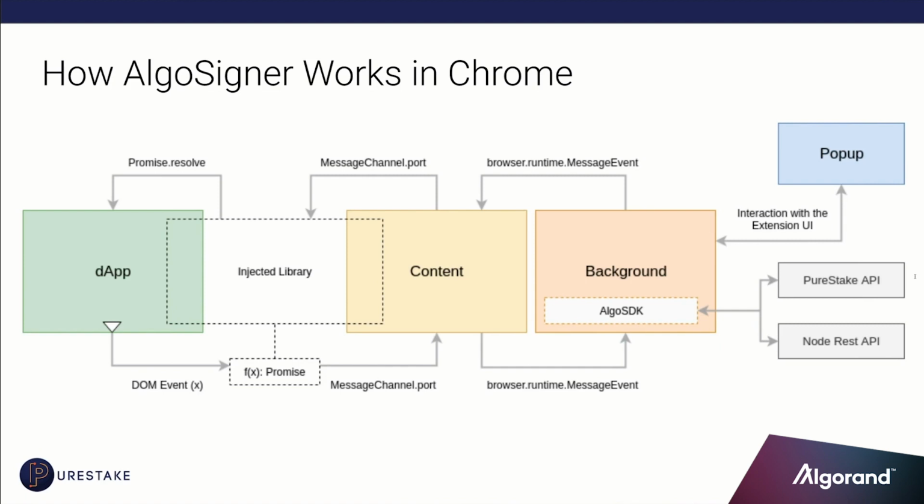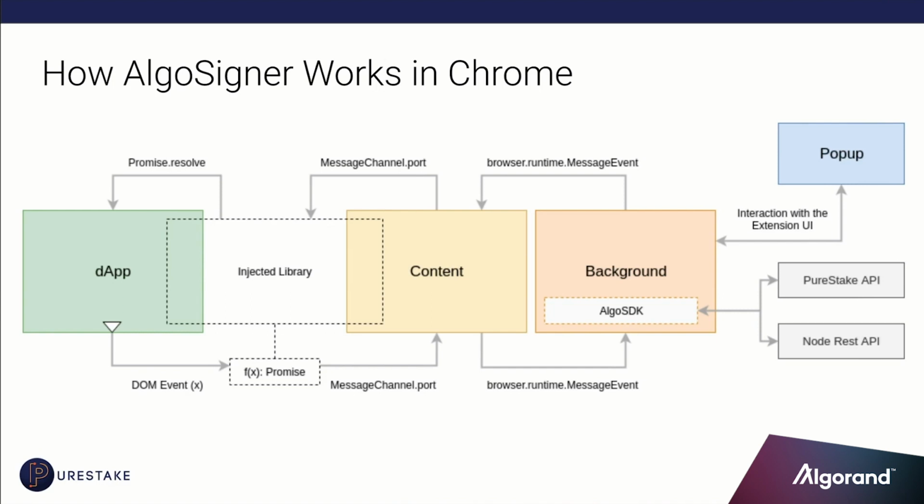The way that we communicate between all these parts of the extension is through APIs that Chrome offers to manage these communications. Between the background and the content, the content doesn't have access to anything on the background. They have to communicate using pipes under these APIs. That's why you see the arrows between the content and the background using the API in the browser runtime.